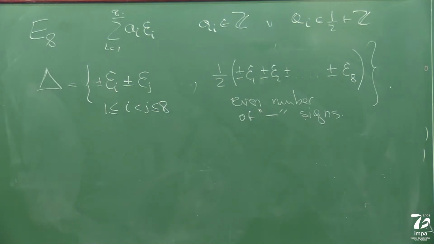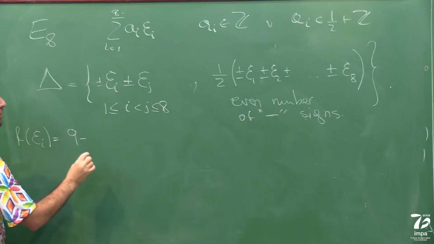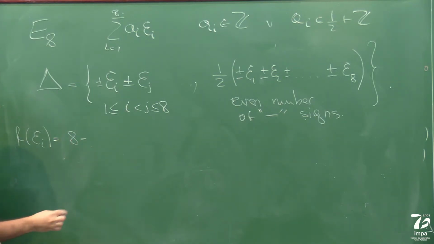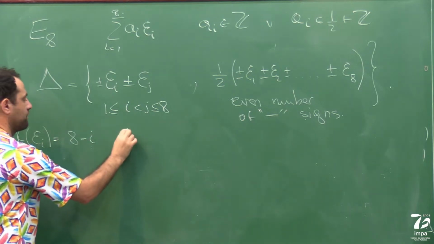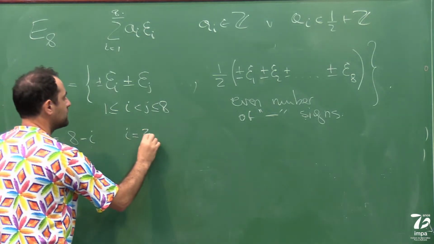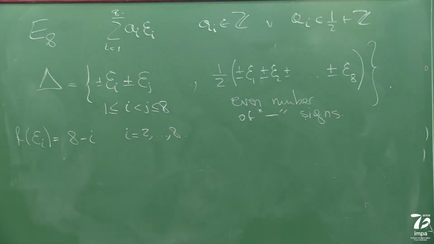So to make sure that it's not, we're going to take a linear functional such that f of epsilon i is equal to 8 minus i, for i equal to 2 up to 8. So on epsilon 8, f takes value 0. On epsilon 7, it takes 1, and so forth.